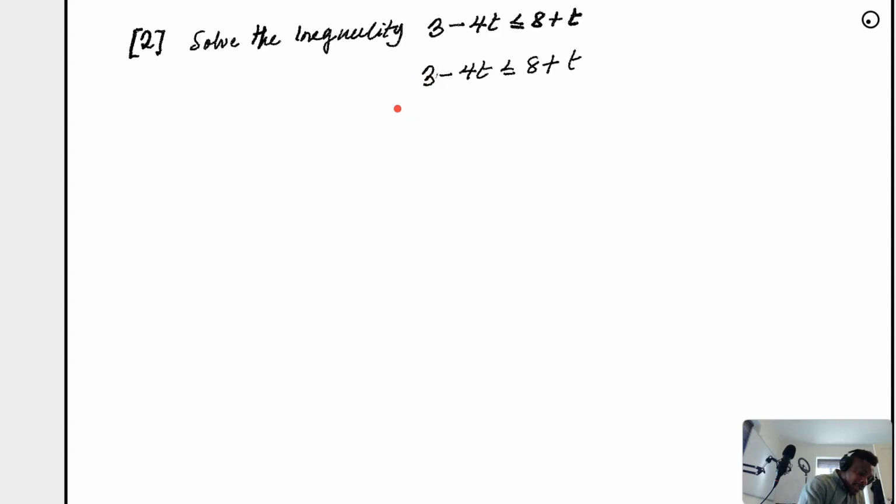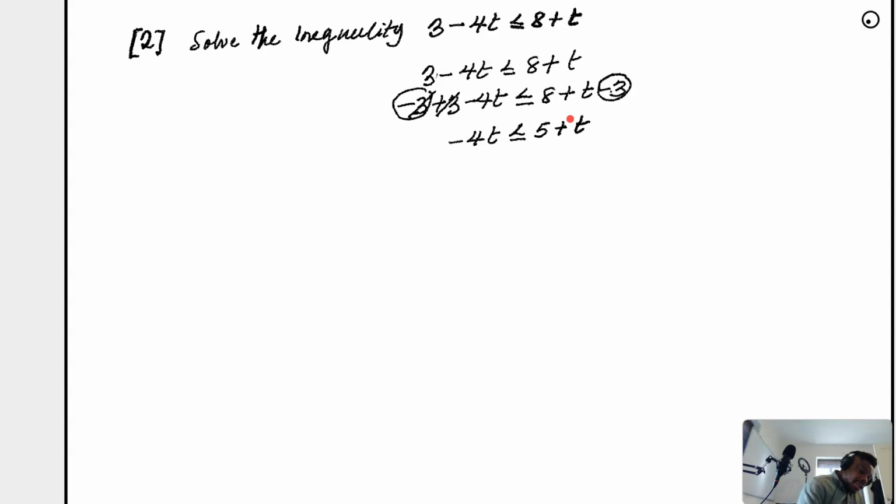Because this is plus 3. So I'm adding minus 3 to both sides. So plus 3 minus 3 goes out. So that is minus 4t is less than or equal to 8 minus 3, that is 5 plus t.